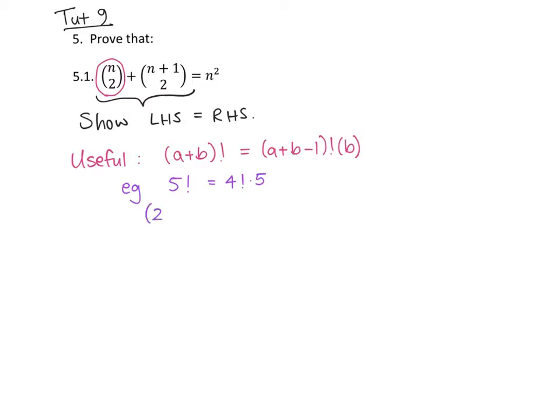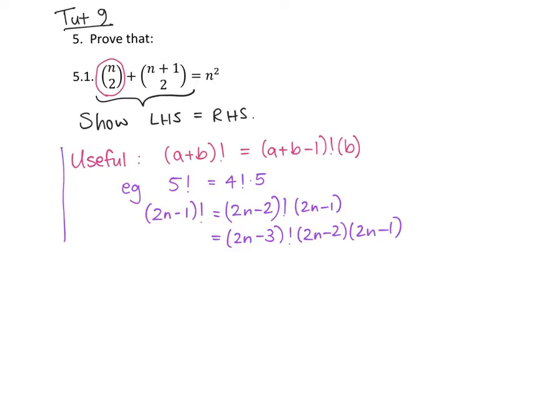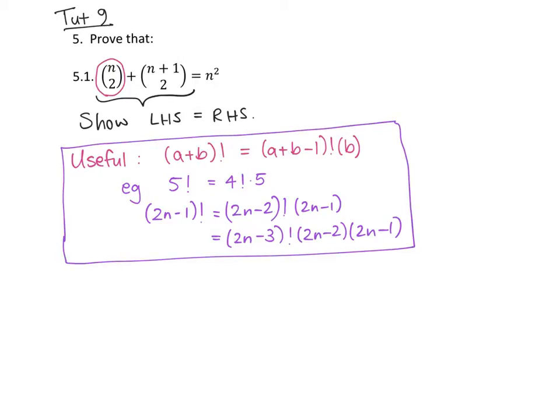To take a slightly more complicated example, suppose we have 2n minus 1 factorial. Well, we could write it as 2n minus 2 factorial times 2n minus 1. Or we might need to write it as 2n minus 3 factorial, and now we've got to times it by 2n minus 2 times 2n minus 1. So this is just a useful trick that you're going to find you can use quite often in these sorts of questions. So let's get on to our actual problem.